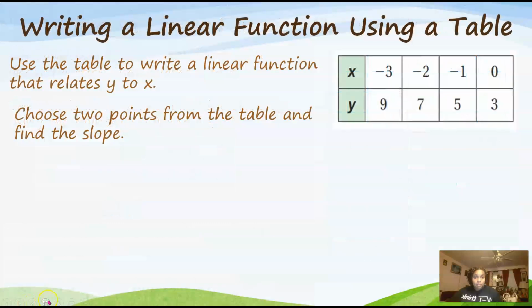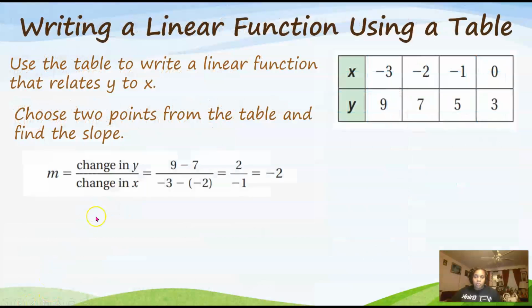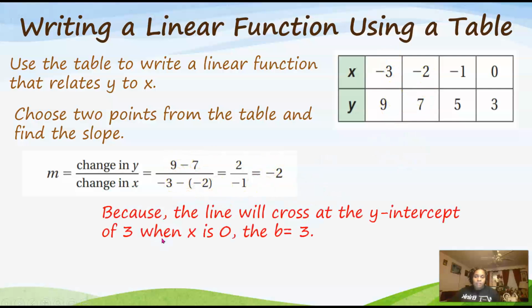Use the table to write. Once again, pick 2 points on the table. The points that I chose were (9, -3) and (7, -2). Okay? Find the change in y over the change in x, and because the line will cross the y-axis at 3 when x is 0, just remember when x is 0, y is 3.